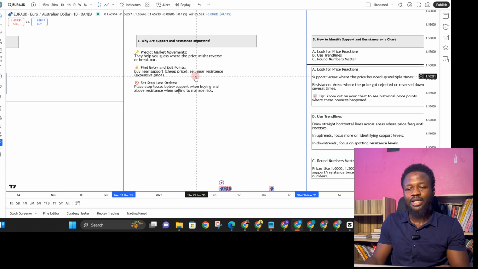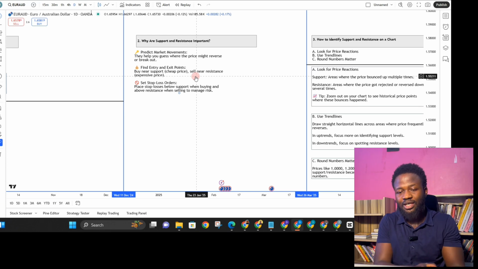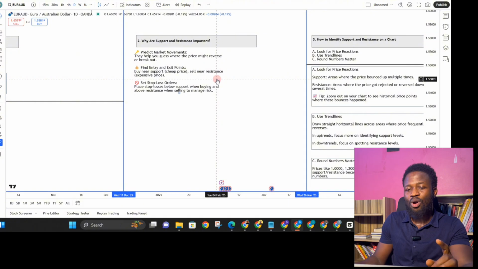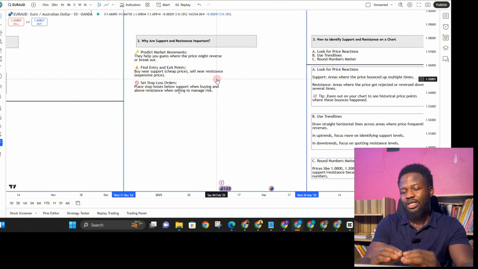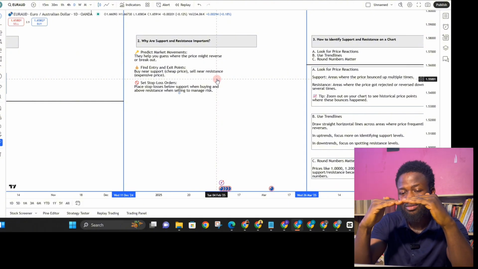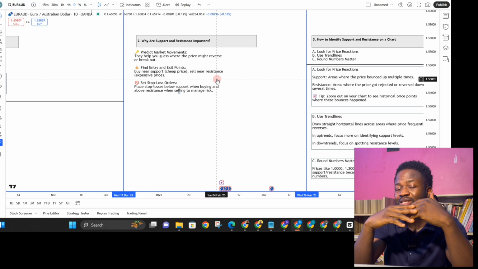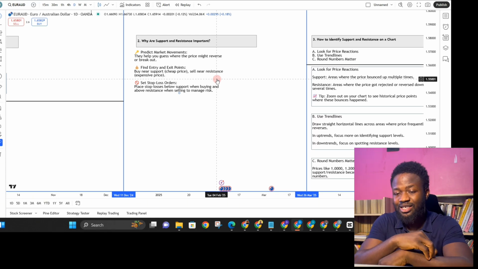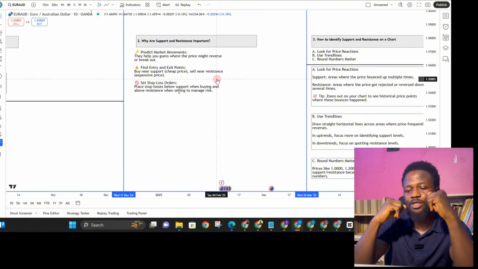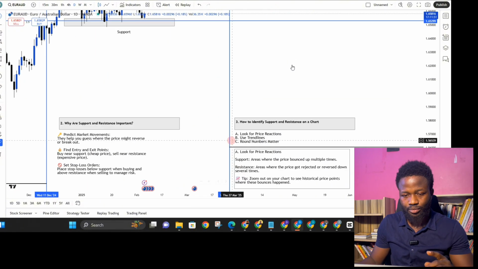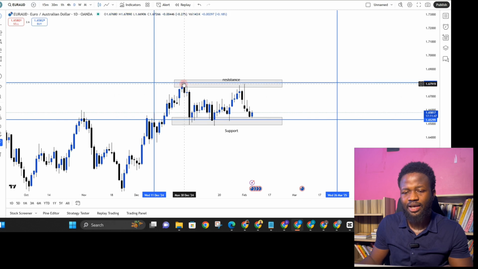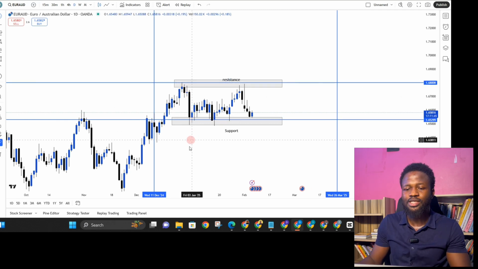Number 2, it helps us to find entry and exit points. And here is why. When we buy near support, the price we are buying is cheap. And when we sell near resistance, the price is expensive. Let me explain. So let's say right here, my decision will be to sell.